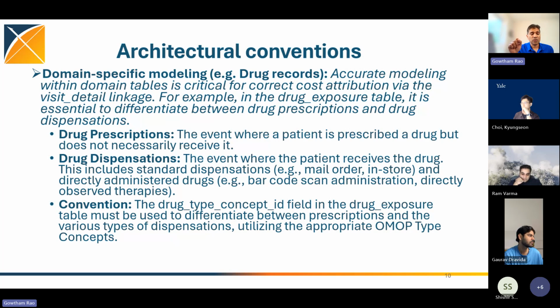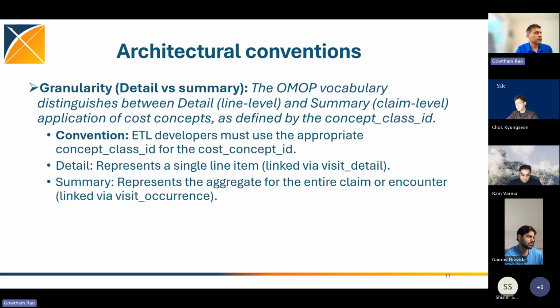So now you are blowing up the visit occurrence table also, because the visit occurrence table has all the records of the drug exposure. And you're blowing up the cost table because the cost table has visits. So it's going to be large. The drug type concept ID field in the drug exposure table must be able to differentiate between prescriptions and the various types of dispensations using the OMOP type concept, and we'll show you that.